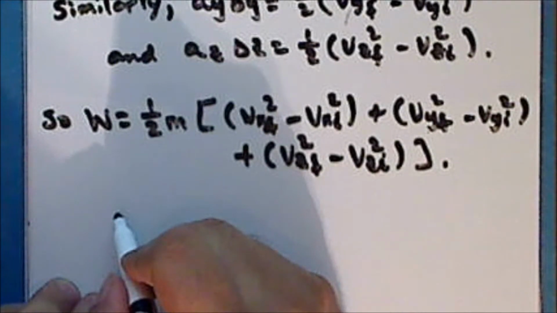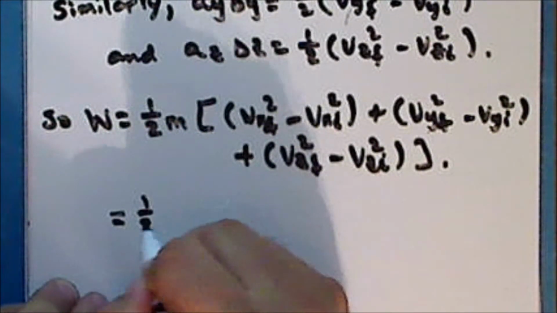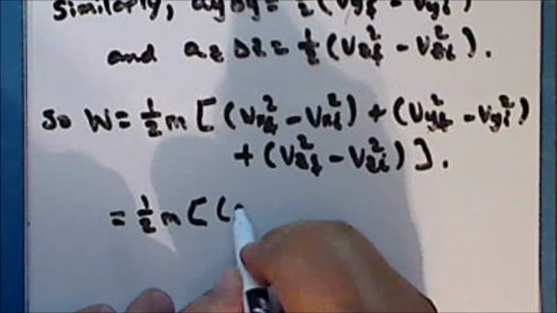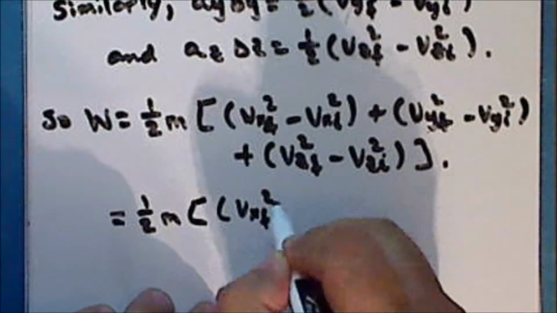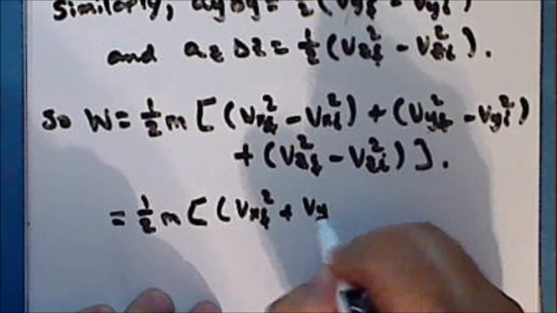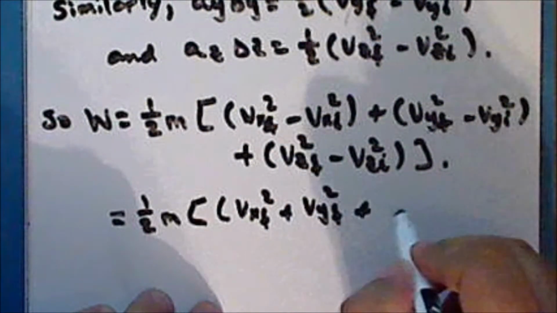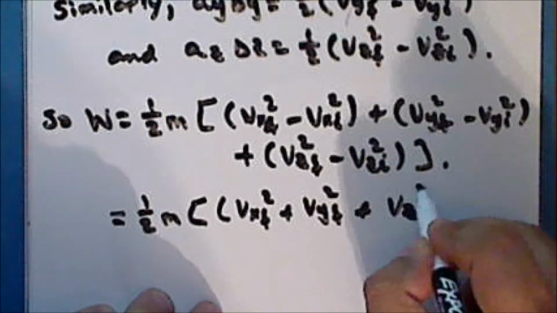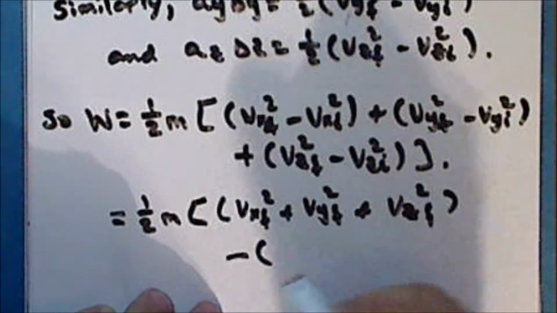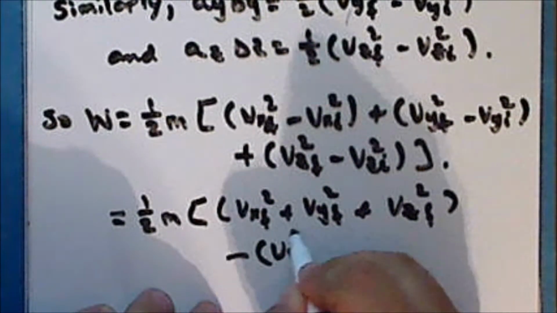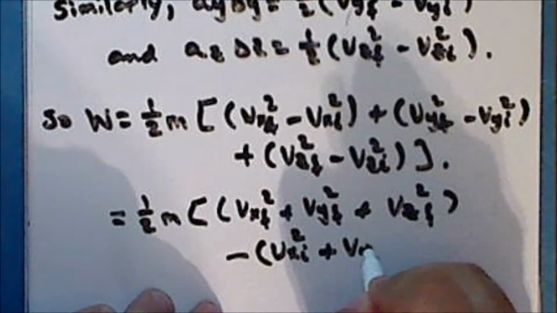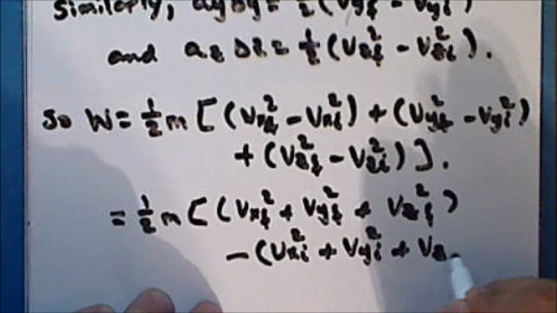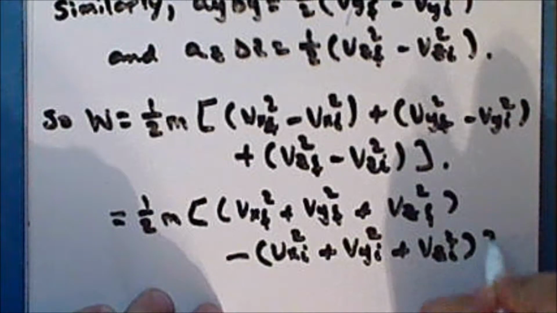We can regroup the terms so that we have 1/2 the mass times the quantity v sub x final squared plus v sub y final squared plus v sub z final squared minus the quantity v sub x initial squared plus v sub y initial squared plus v sub z initial squared.